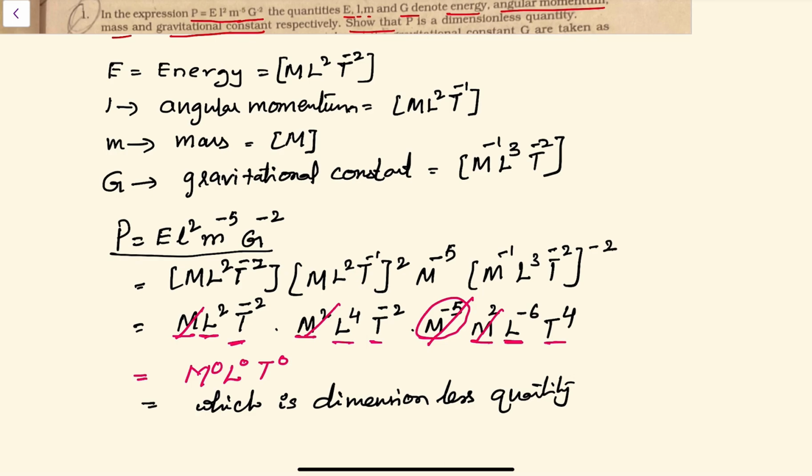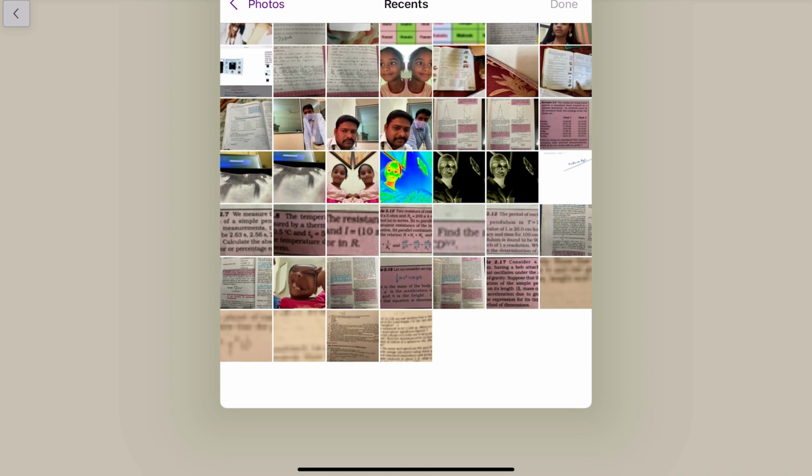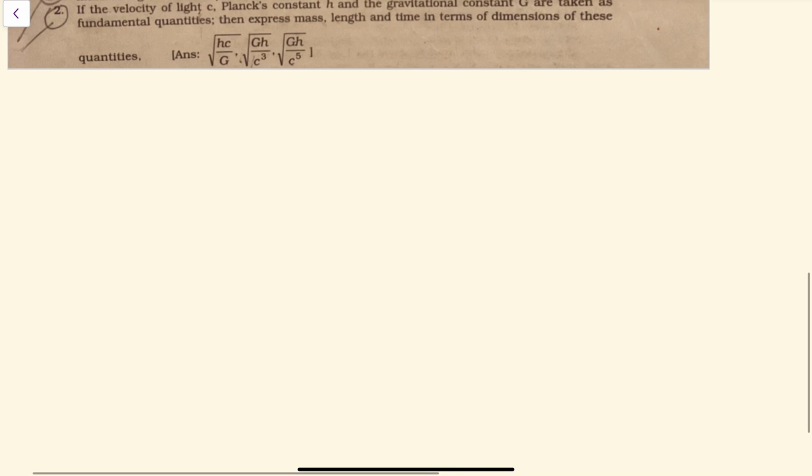Let us see another simple problem. See, if velocity of light C, Planck's constant h, gravitational constant G are taken as fundamental quantities, then express mass, length, time in terms of these quantities.